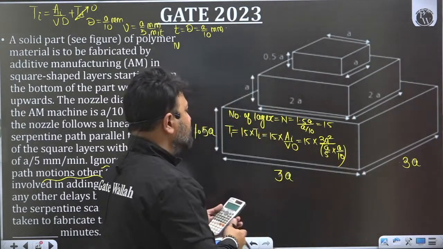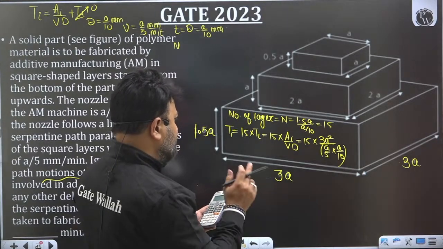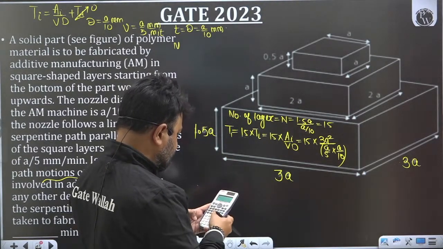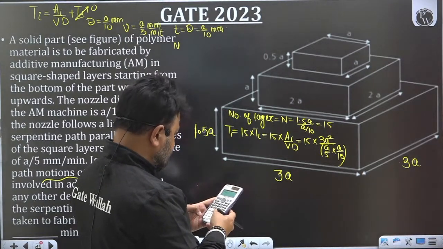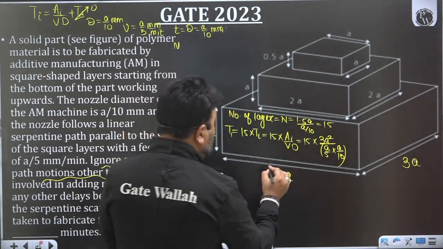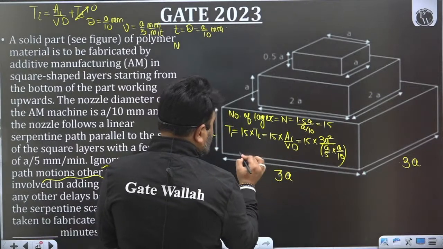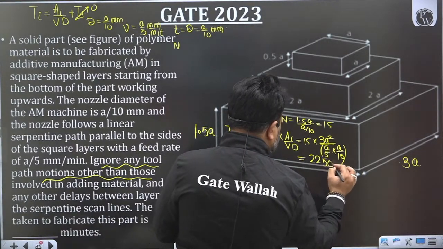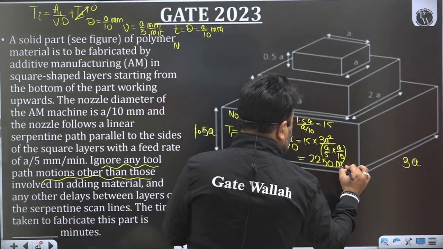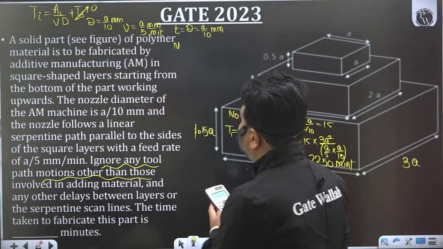So A square will cancel, 50 into 3 multiplied by 15, so 225. So the total time will come to 2250 minutes. Yes or no?